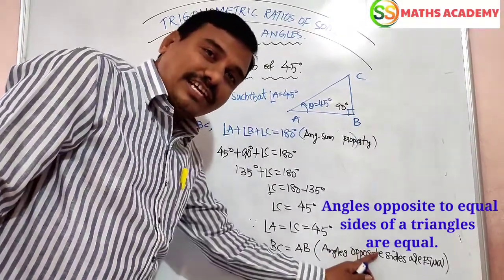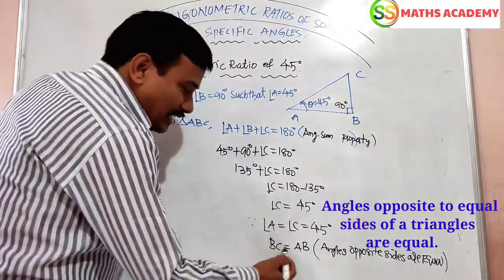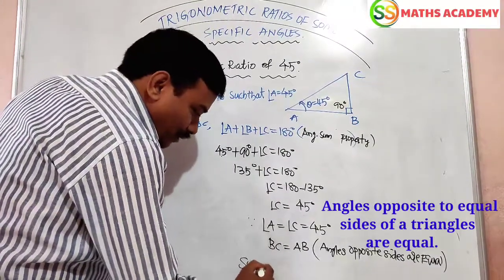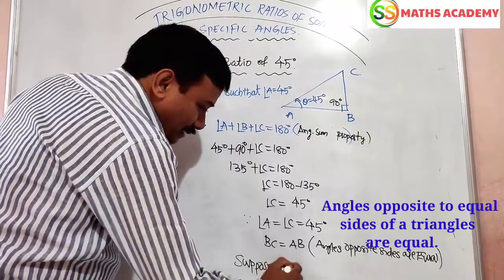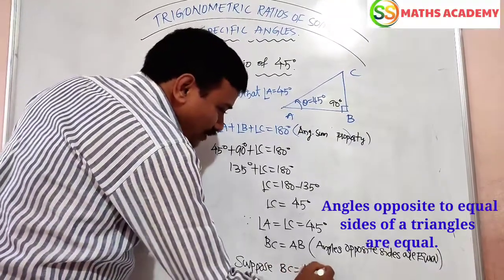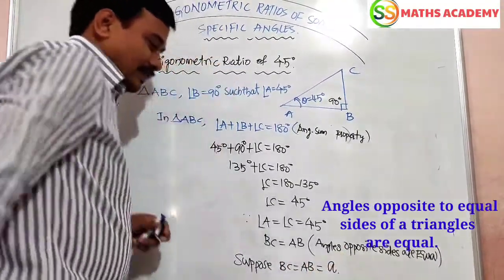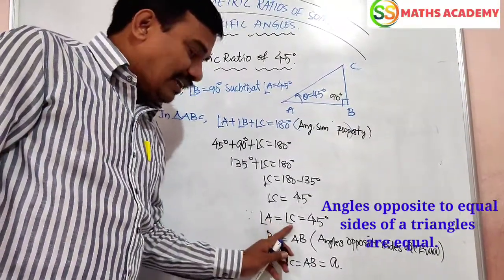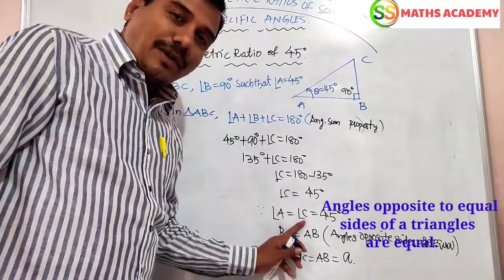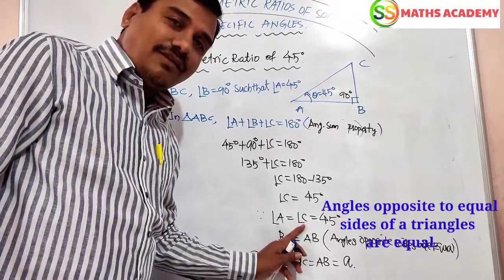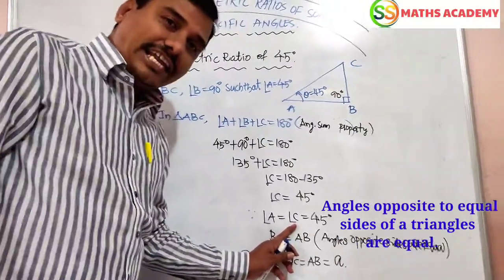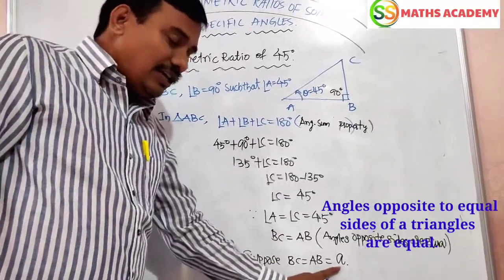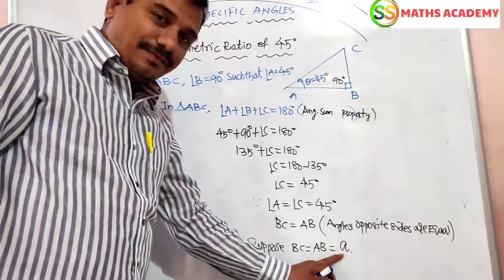Equal angles, opposite sides are equal. Let us take BC equals AB equals a. When two angles are equal, the opposite sides are equal in a triangle; that is the reason BC equals AB equals a.